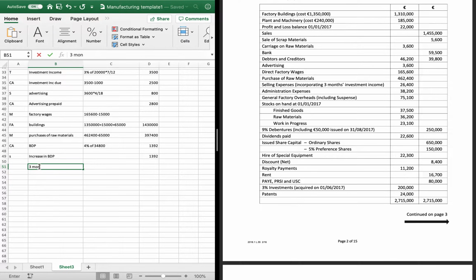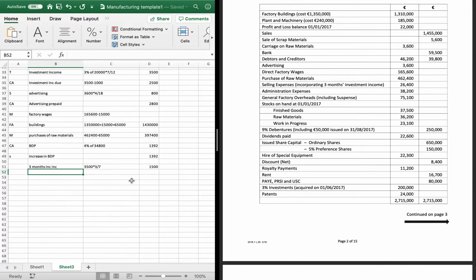So we'll find our 3 months investment income and we'll fix that. That is going to be 3/7 of 3,500. So 3,500, 3 months out of the 7 is 1,500.